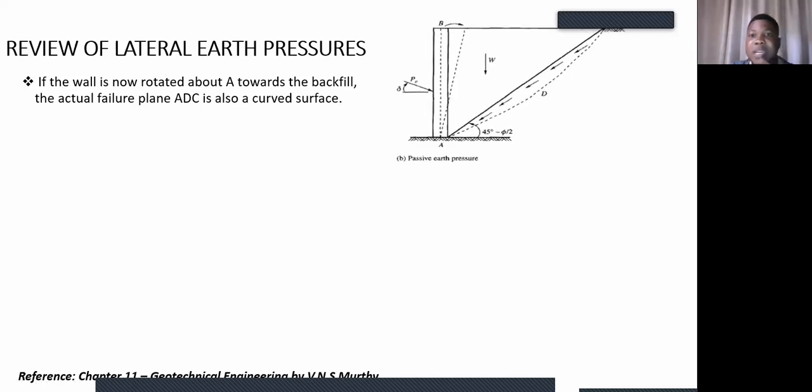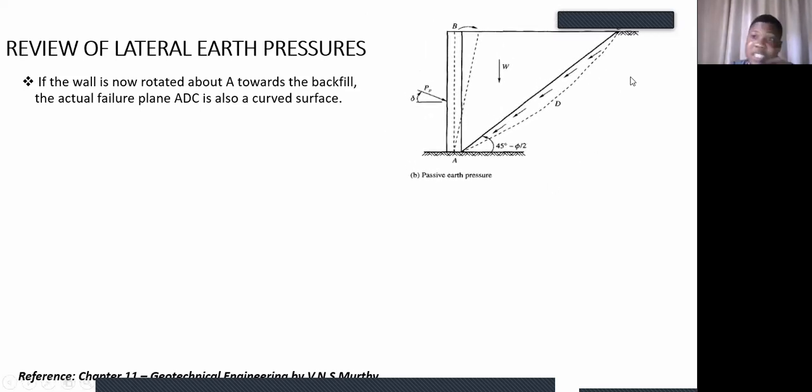Now, let's consider a separate scenario. If the wall is now rotated about A, permit me, I'm quite fast. I'm reviewing lateral pressures. This is actually a topic, but it's crucial in retaining walls. Now, if the wall is now rotated about A towards the backfill, not away from the backfill, the actual failure plane ADC is also a curved surface. Let's look at the diagram. We have this particular diagram, very similar to the other one.